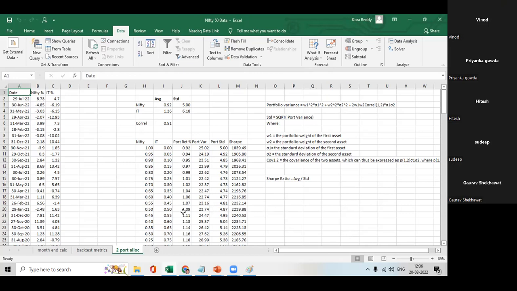Shabuddin, do you have comp or no? Yes, sir. Okay, what I'll do is I will send you the sheet. You share the screen with me. So I'm stopping the share. Should I share the screen?